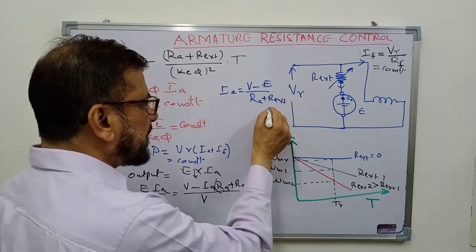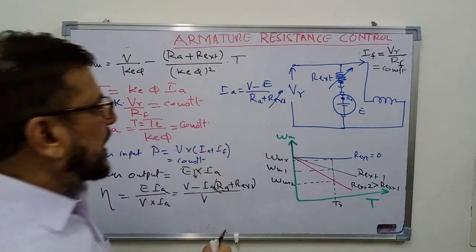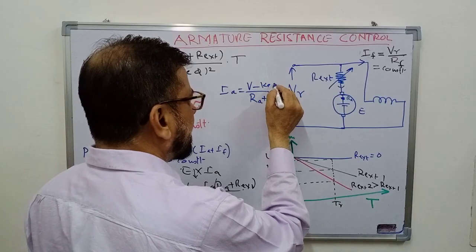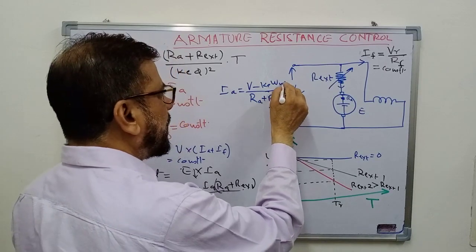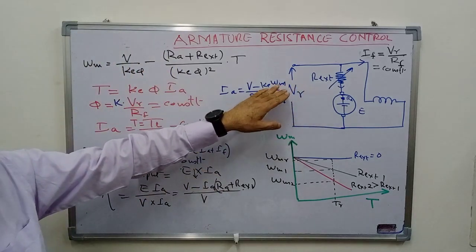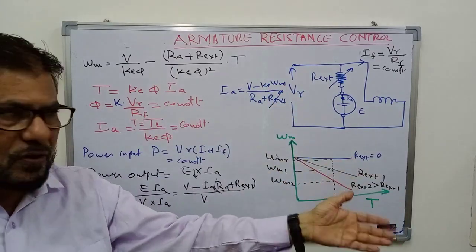The back EMF depends on speed of the motor, phi is constant. So as soon as you increase the resistance, the speed will not change instantaneously because the motor has a high mechanical time constant.